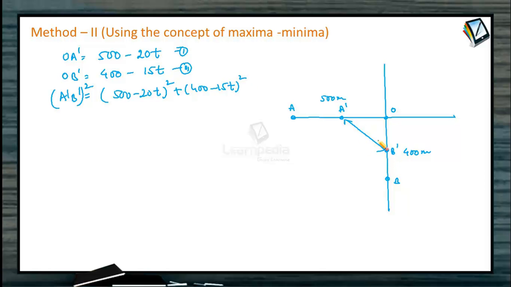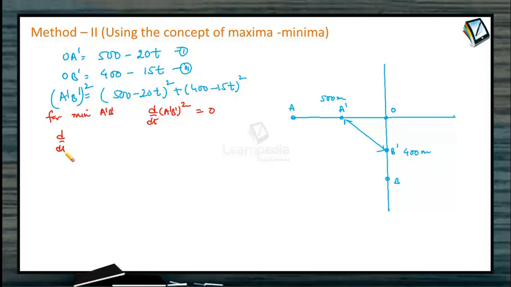For this distance AB to be minimum, differentiate A dash B dash with respect to time and put it equal to 0. For minimum A dash B dash, d by dt of A dash B dash square, which you have considered, should be equal to 0.